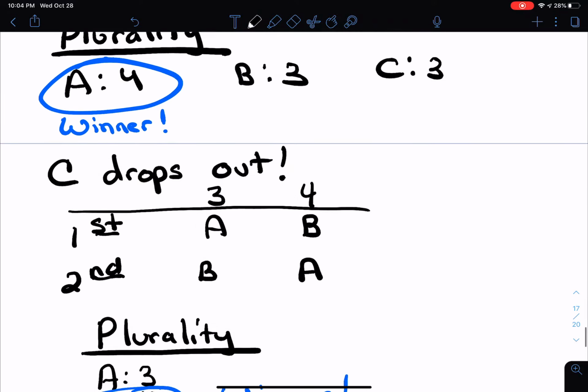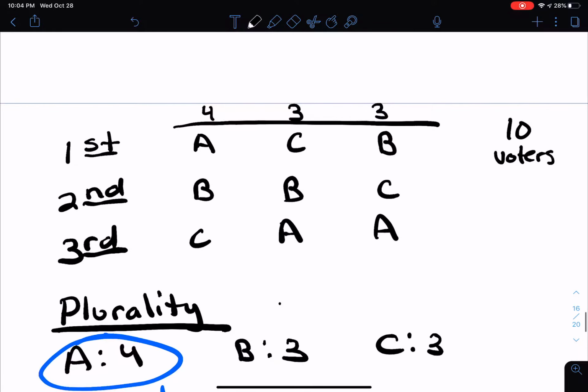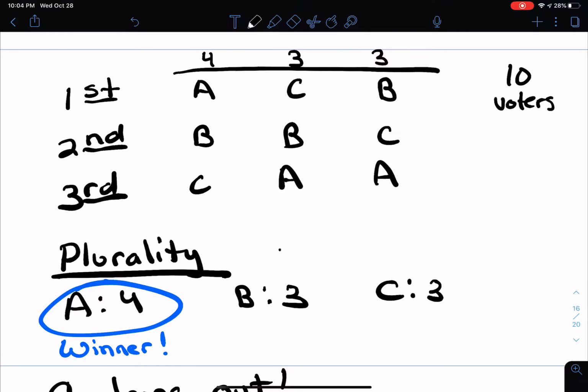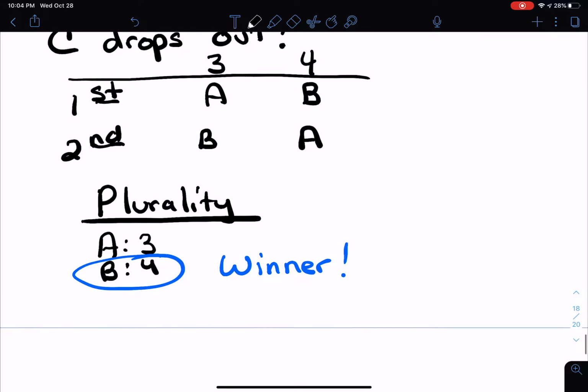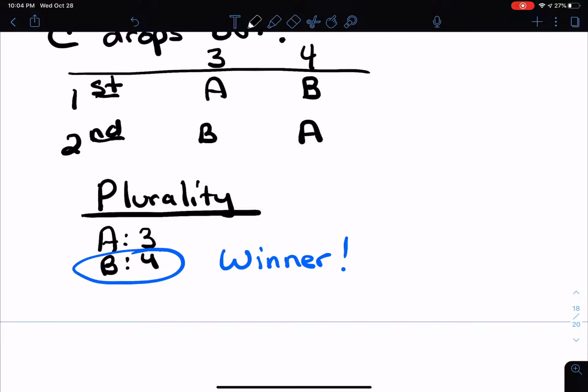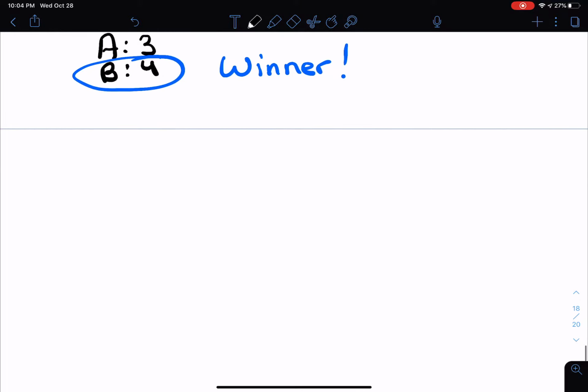Notice what happened there. A was the winner to begin with, but when C dropped out, suddenly B's the winner. Huh. This violates the irrelevant alternatives criterion. A was the winner until C dropped out.